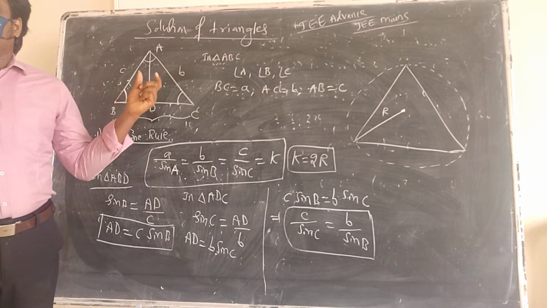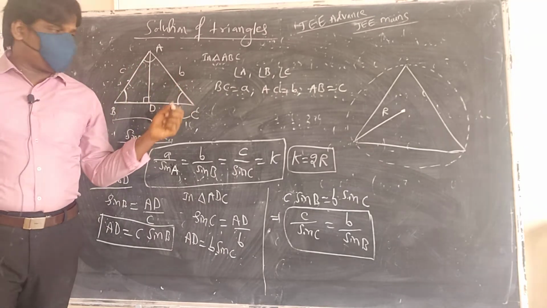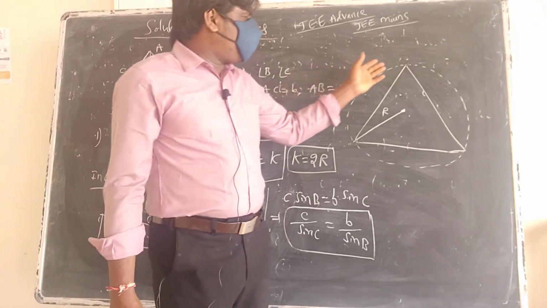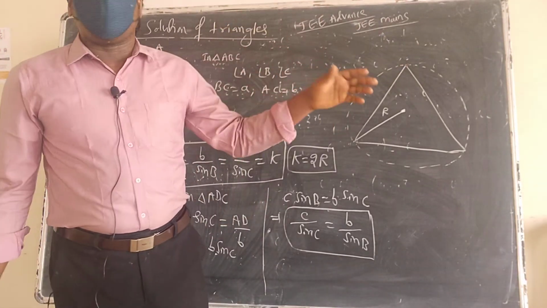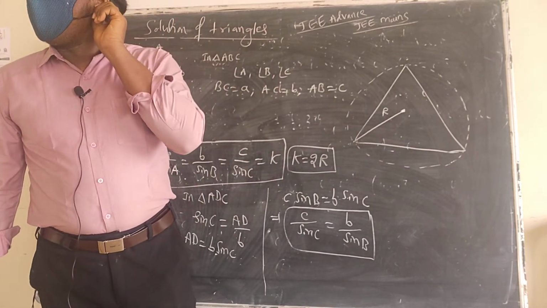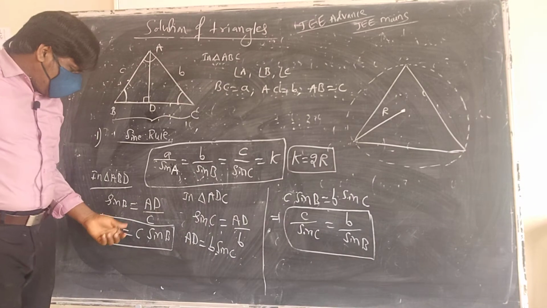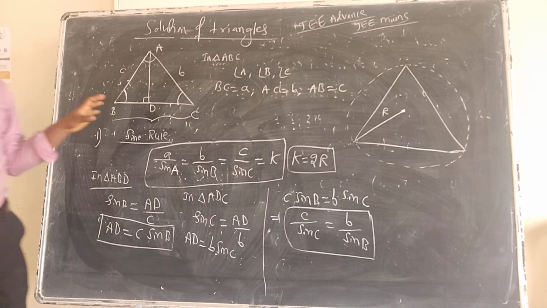Sorry, what do we call this? I forgot. Circumcircle, okay. So R is the radius of the circumcircle. Therefore, this is what we call the sine rule.